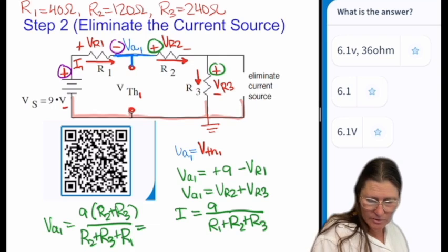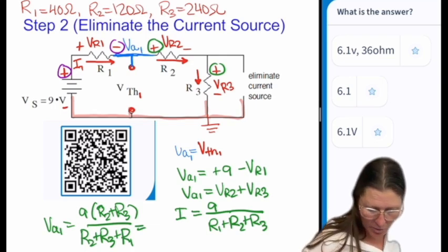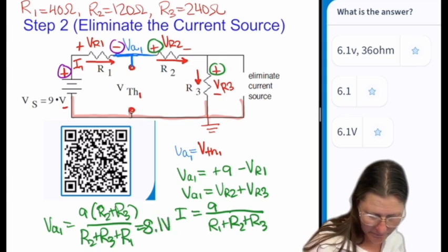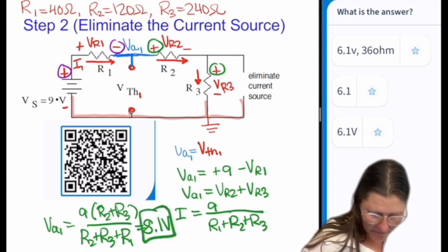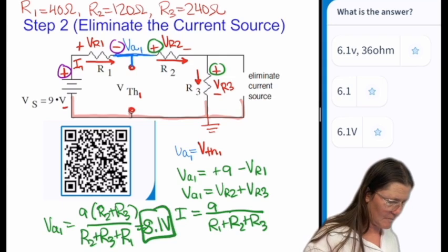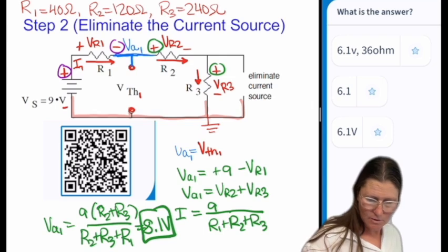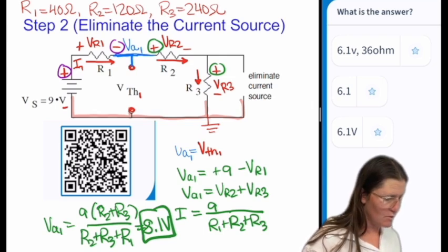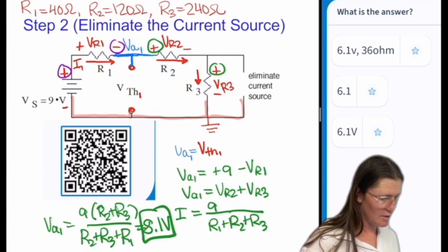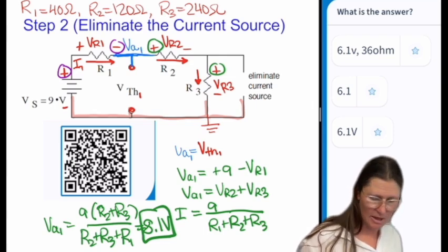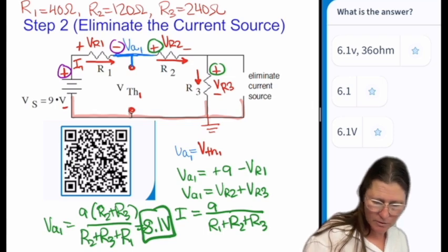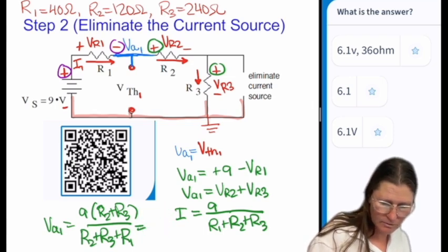Then plugging in those numbers gives me 8.1 volts. 120 plus 240, so 360 divided by, yeah. So 8.1 volts for this one.